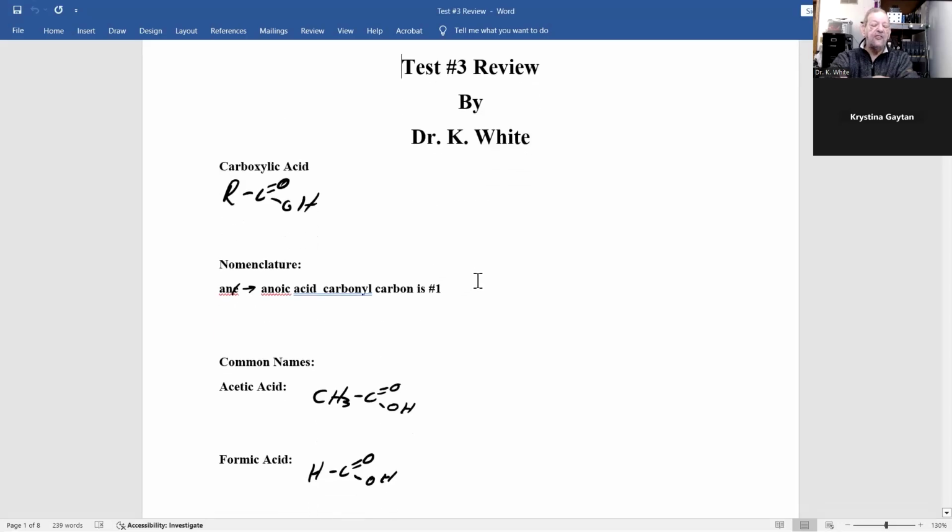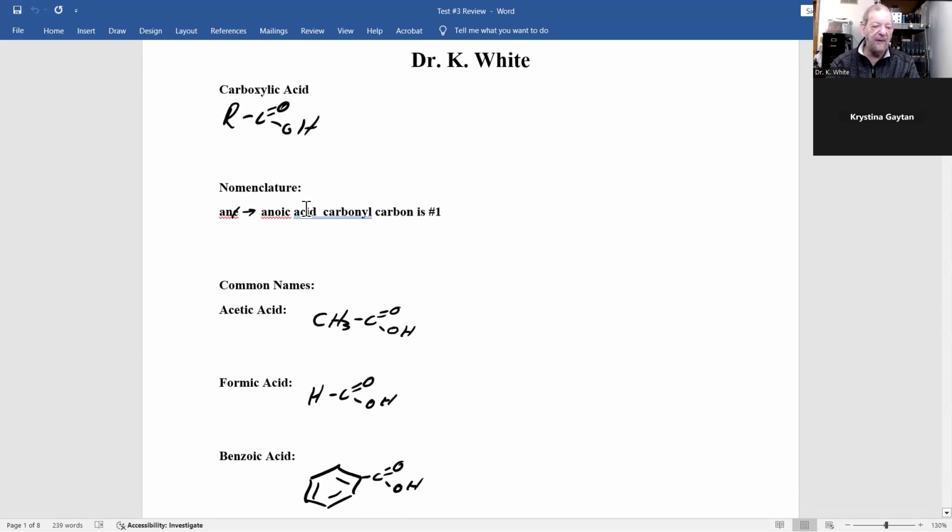First of all, this is the structure of a carboxylic acid. A carbonyl, carbon double bond oxygen, with an OH on the carbonyl carbon, also known as the hydroxyl group, and an R group, carbons and hydrogens. How do you name it?